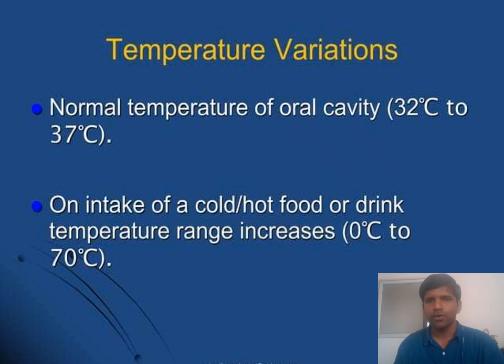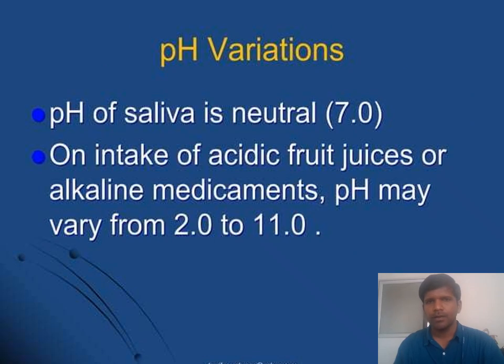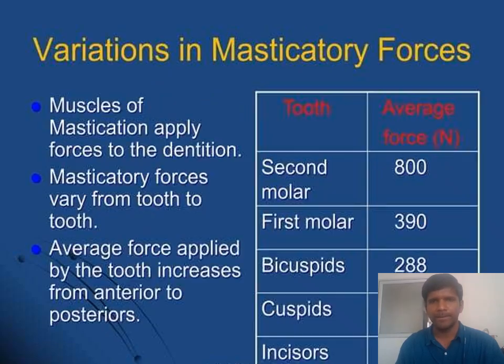On intake of any drink or food which is very cold or very hot, the temperature may range from 0 degrees to 70 degrees Celsius. Coming to pH variations, the pH of saliva is usually neutral, which is 7. And on intake of acidic fruit juices or alkaline medicaments, pH may vary from 2 to 11.